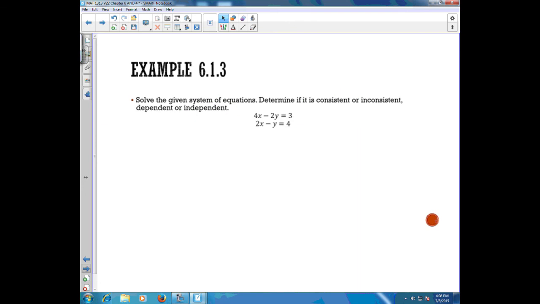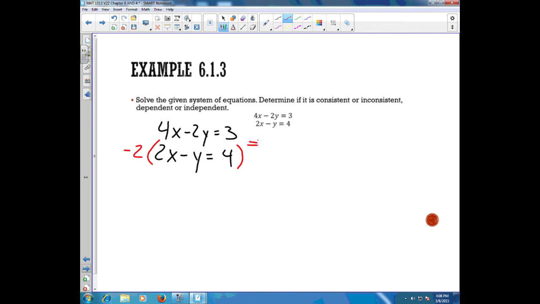Okay, we're going to just try this again. So we've got 4x minus 2y equals 3. And we have 2x minus y equals 4. Let's eliminate x. To do that, we can multiply the bottom equation by negative 2.